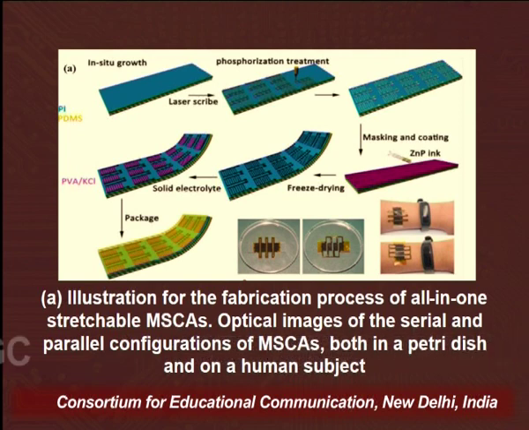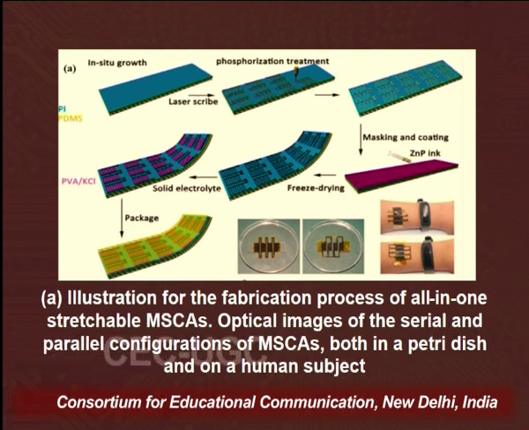This is very interesting, and you can see the device fabrication with the various arrangements. We have the step-by-step functioning of the fabrication process. On the right-hand side you can see on the hand of the human a stretchable device, and the petri dish also has the devices.